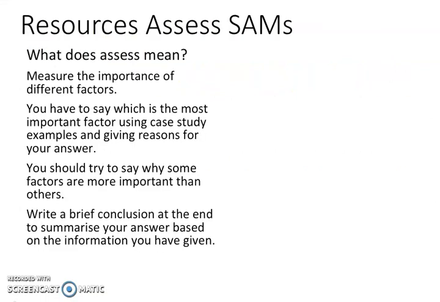So let's break this down in a bit more detail. Assess means measure the importance of different factors, and you've got to say which is most important, and if possible say why some are more important than others. Now, structure is so important in these. It's important that you have a short introduction which just introduces the meaning of some of the key terms in the question, and then you want clear paragraphs to show your different points.